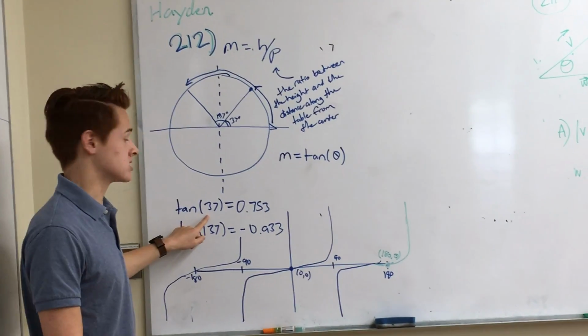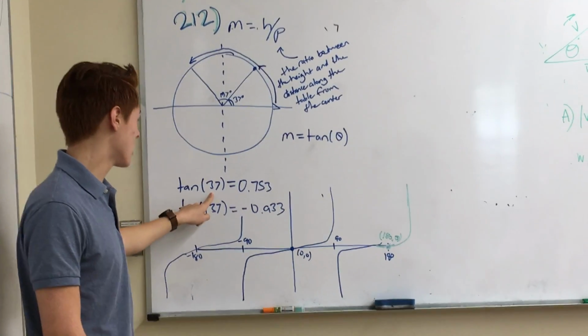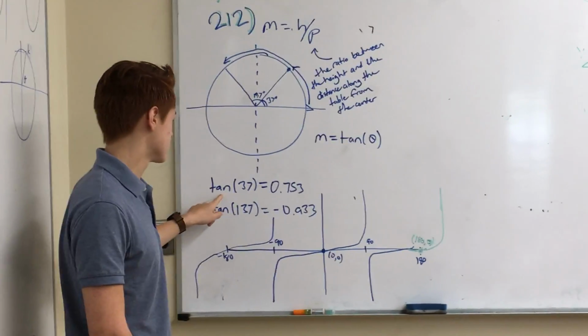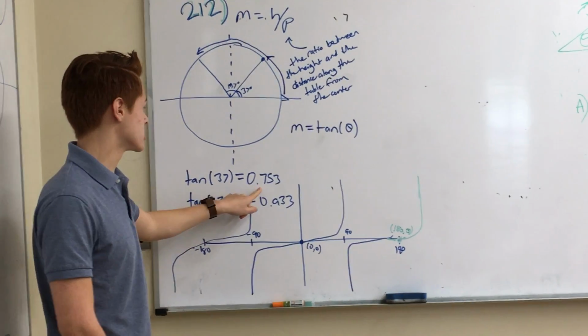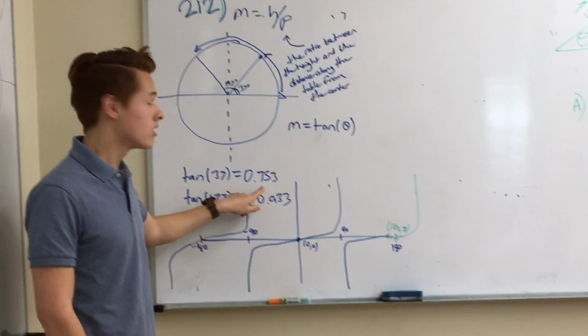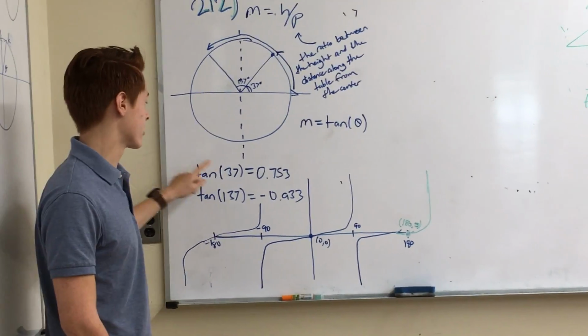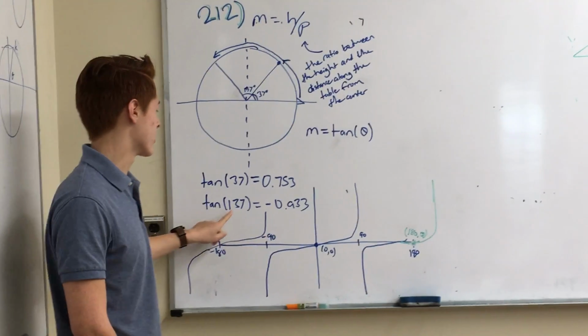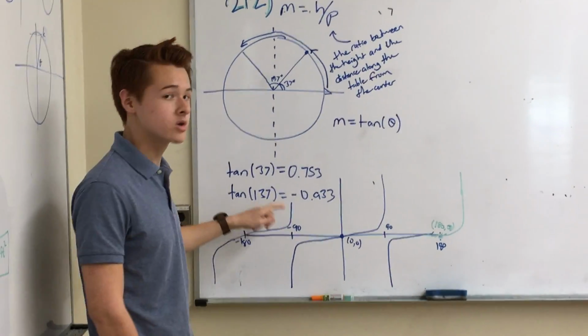So all you have to do is plug in the angle you're trying to find into the tangent equation, and you get 0.753 is the ratio between the height and the length for 37 degrees, and it's 0.933 for 137 degrees.